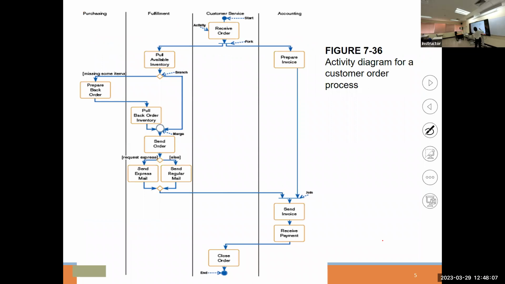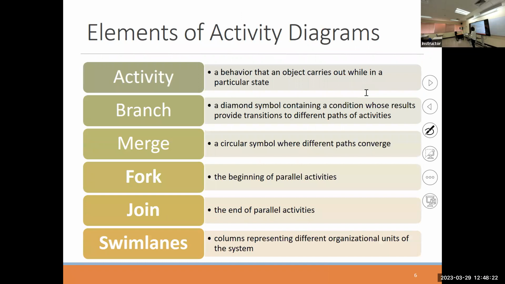Let's look at this example of an activity diagram for a customer order process. And, okay, let me first explain all the components you see in that diagram. First, you see for sure an activity, and usually it's represented by a rectangle, okay, to represent a certain activity.